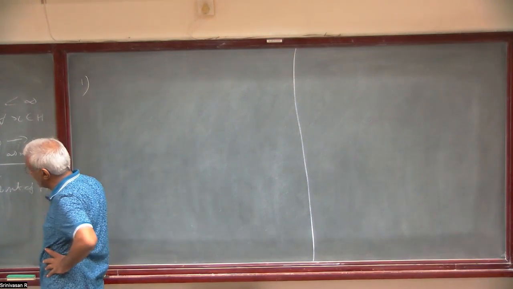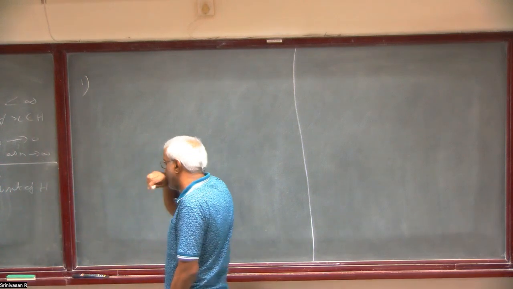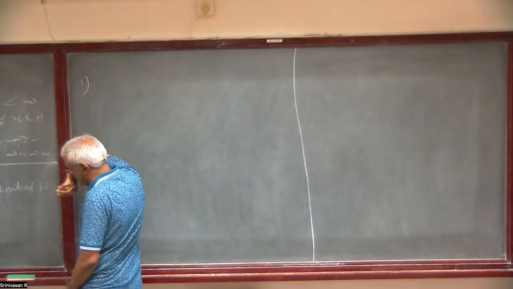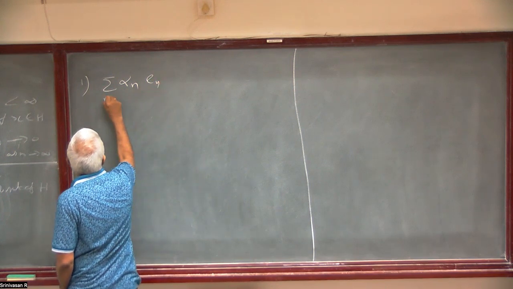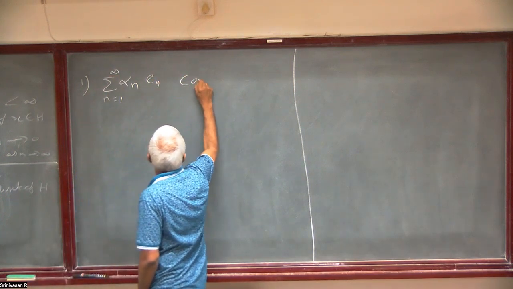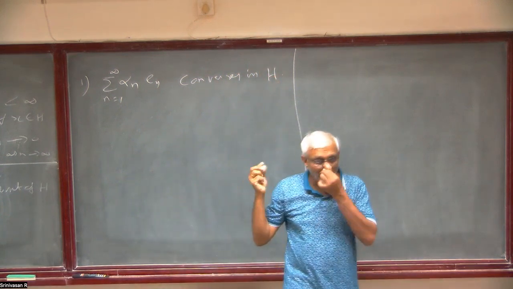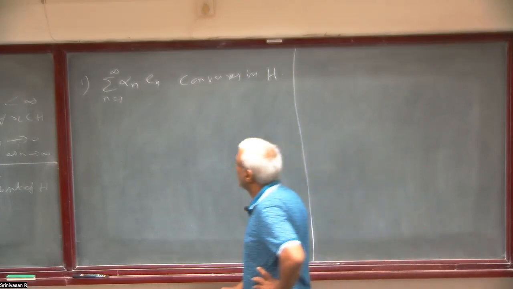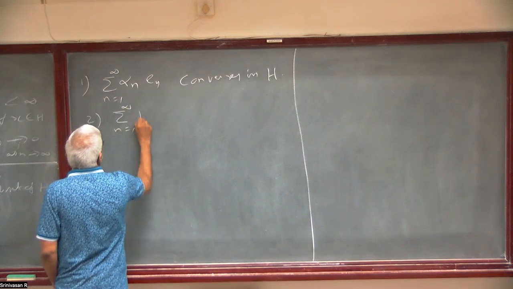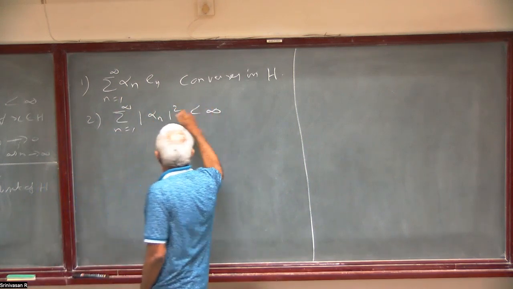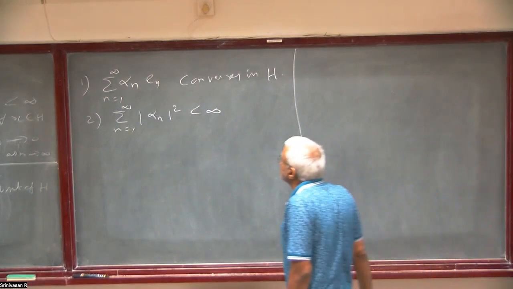One, the summation of alpha_n e_n, n equal to 1 to infinity, converges in H. H has a norm, H has a metric, and it converges in that metric. Okay. It is equivalent to saying the summation n equal to 1 to infinity of mod alpha_n square is finite. So these are positive numbers, so this makes sense. This is finite. This is equivalent to this.